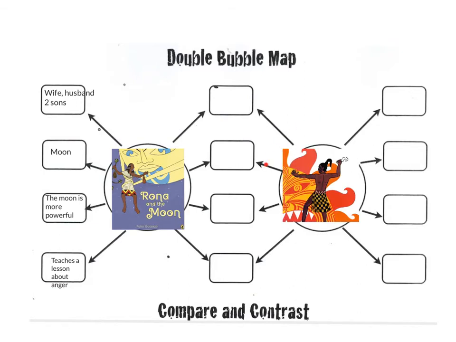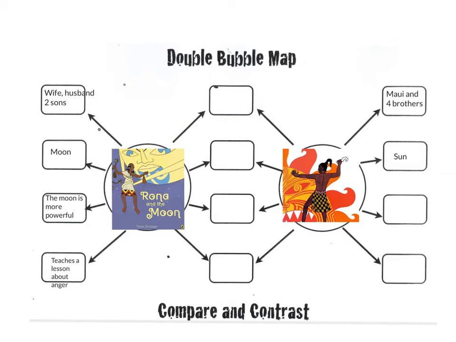Now I'm going to think about the things that just happened in How Maui Slowed the Sun and that are different from what happened in Rona and the Moon, and I'm going to record those ideas here. So in the story of How Maui Slowed the Sun, there was Maui and 4 brothers, and that's different than the characters that were in Rona and the Moon.